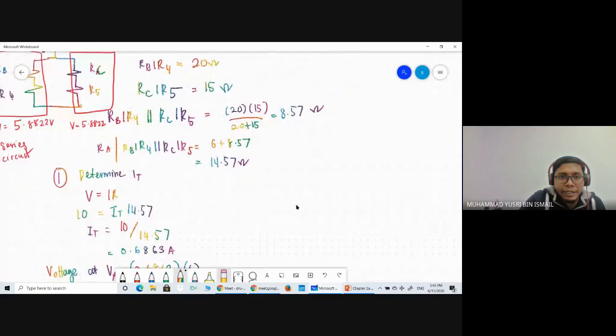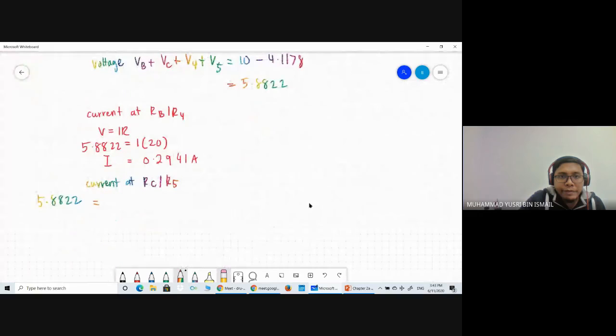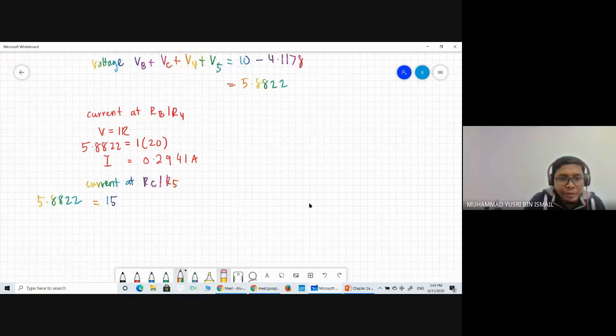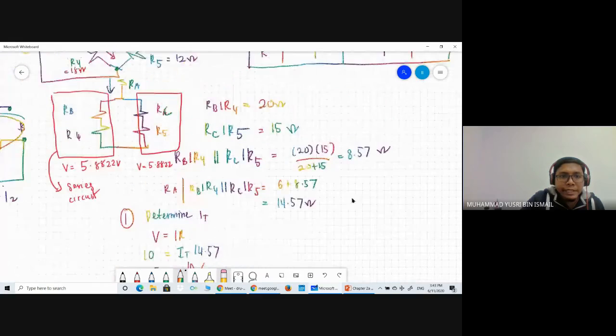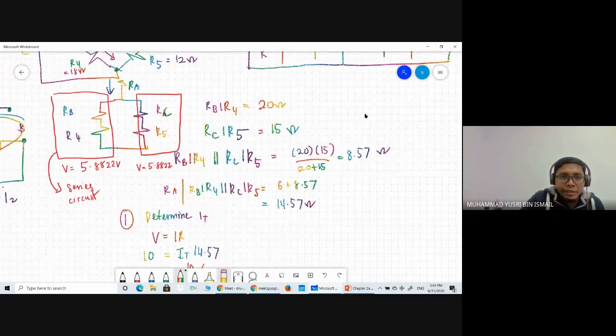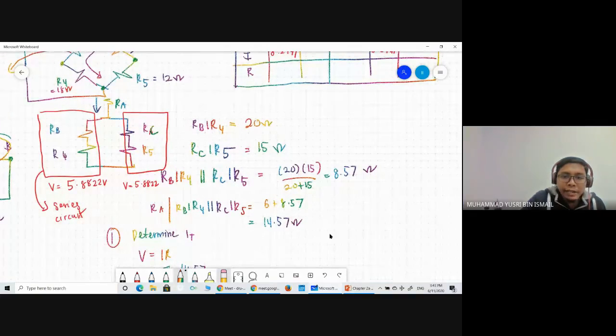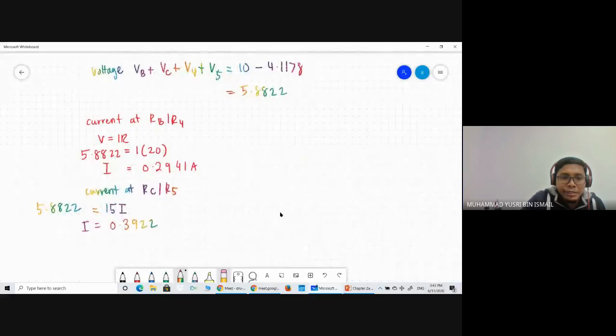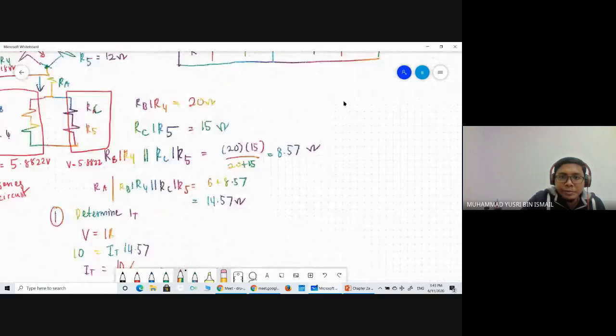RC and R5 is 50 ohm. So I is equal to 5.8822 divided by 50. So you will get 0.3922. Since this is a series circuit again, the current flowing at RC and R5 is equal to 0.3922.